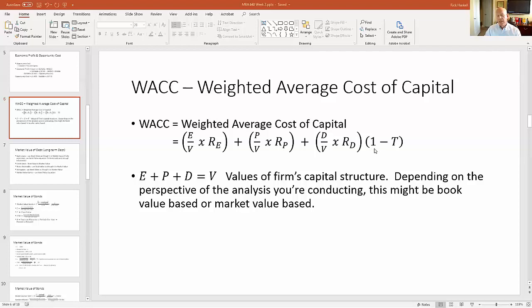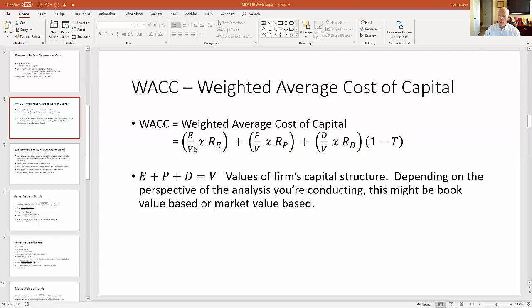And we're going to then multiply that by 1 minus a tax rate. And the tax rate in this case is going to be the tax rate on taxable income. And so this creates an after-tax weighting and cost, which is realistic for us because we know that the cost of debt effectively is interest, and interest is tax deductible before taxable income for the firm.